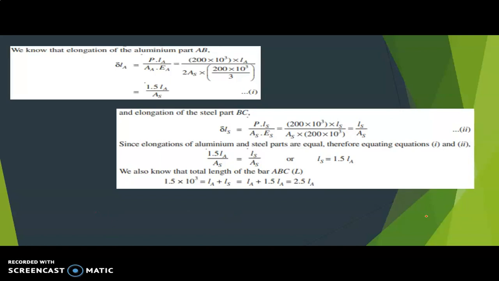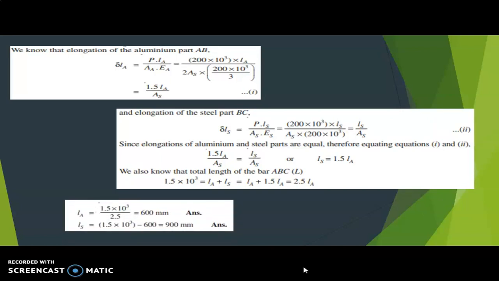So how can you calculate now? After that, we have to find the length of the aluminium bar and the length of the steel bar, right? So simplify these equations. How can you write this? Suppose now this is 1.5 into 10 raised to 3 divided by 2.5, right?